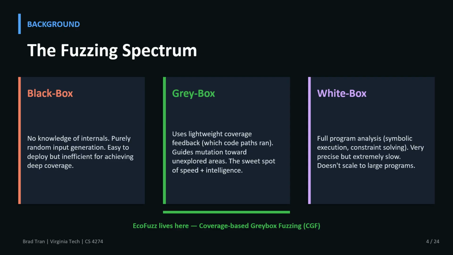You get meaningful intelligence about program behavior without the overhead of full program analysis. This category is formally called coverage-based graybox fuzzing, or CGF for short, and the most widely adopted CGF is American Fuzzy Lop, AFL.